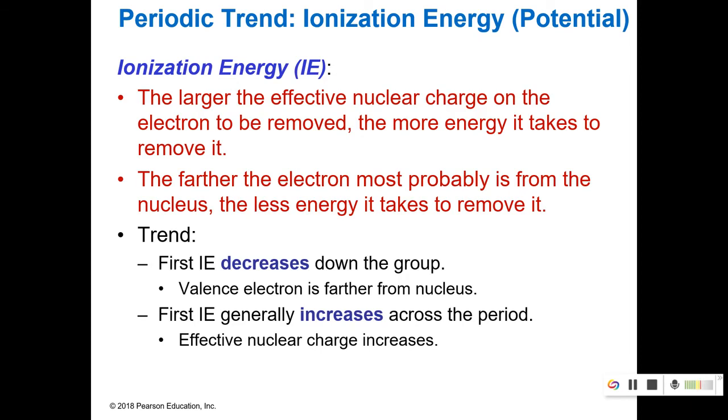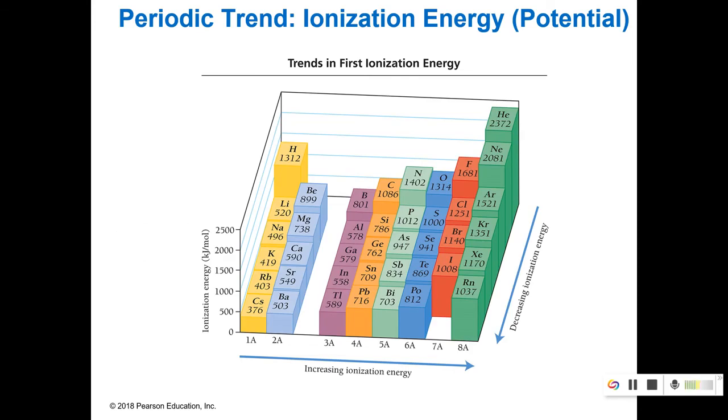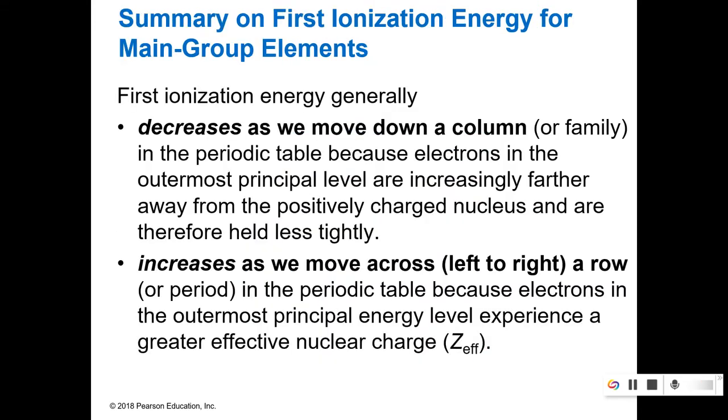Okay, so that larger effective charge, the more energy it takes, and the farther the electron is from the nucleus, the less energy it takes to remove. So that's why as you go down, they get more easy, and that's because they're farther and farther away from the nucleus, so that pull is not as strong. Okay, this is just another image of the trend.